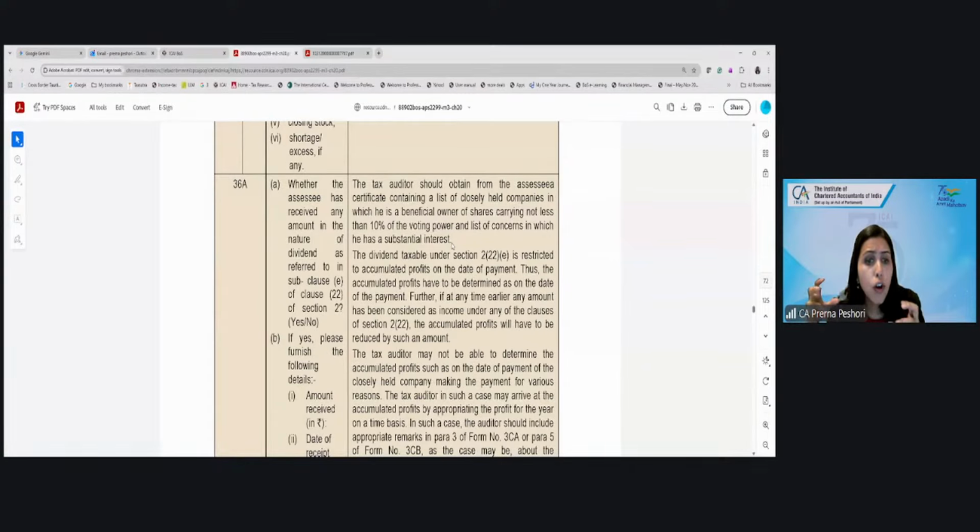He should also obtain a certificate from the client giving particulars of any loans or advances received from any closely held company by concerns in which he has a substantial interest. Right? So these certificates are necessary since the tax auditor may not be directly able to verify from the books of account. And this he should mention in Form 3CA or 3CB.